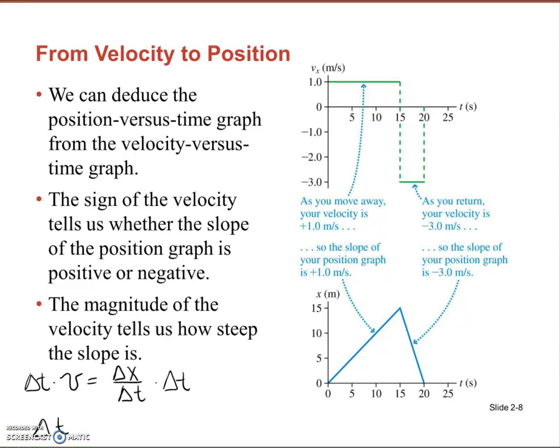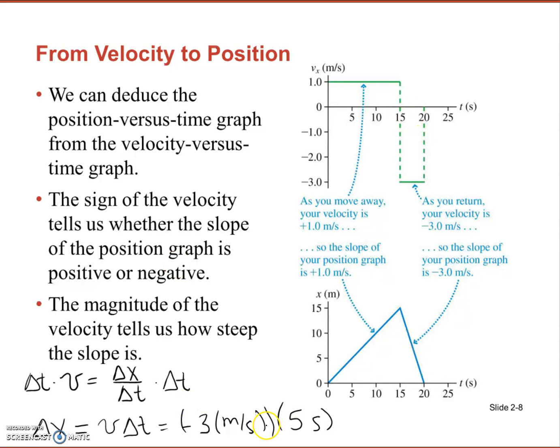Just undo that. Delta x is equal to v delta t. Here in the second part, my speed is -3 meters per second. That's all right. -3 meters per second times my time interval, which is 5 seconds.